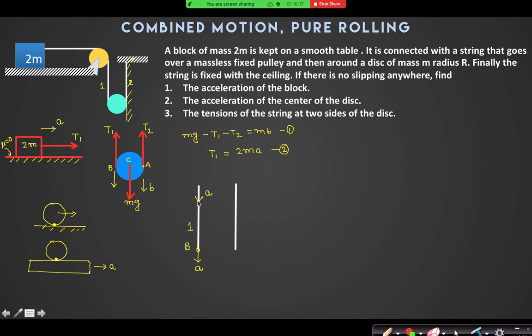Sir, but the length of that part of the string is increasing. No. The length may increase or decrease, that does not matter. But think about this: suppose you have marked one red dot here and one black dot here, just at points on the string. Is the distance between the red dot and the black dot increasing, decreasing, or constant?